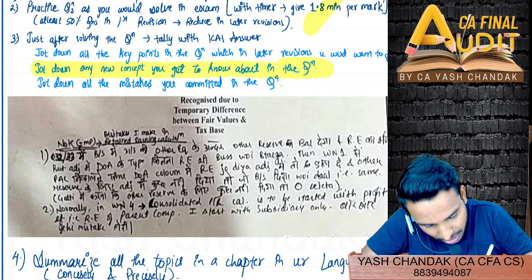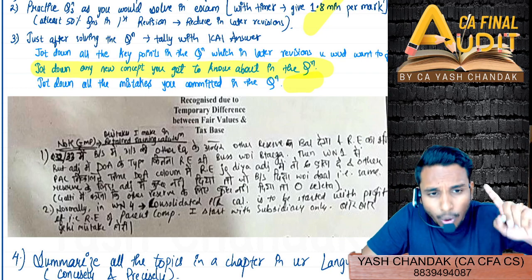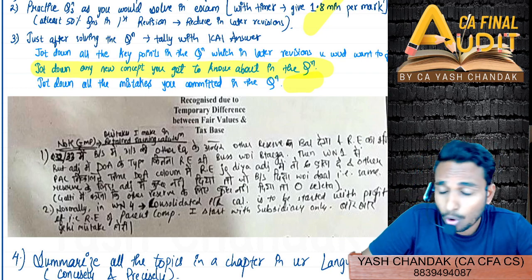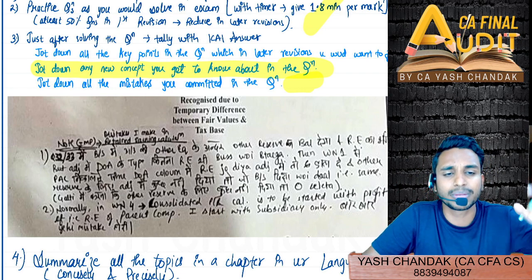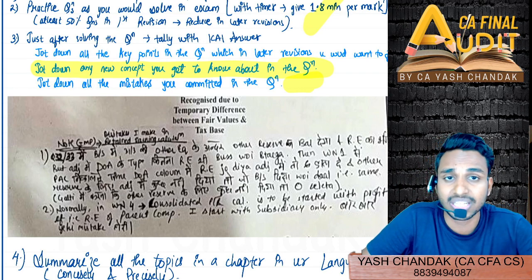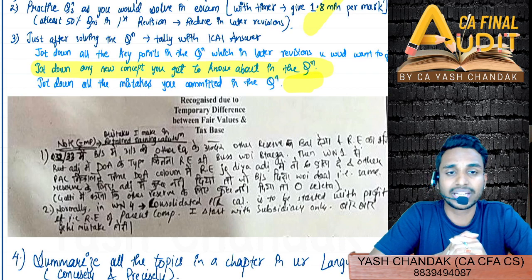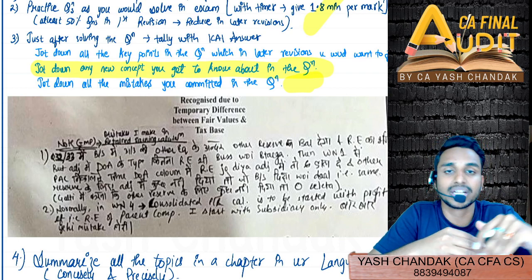Jot down all the mistakes you committed and any new adjustment, any new concept. In the RTP, new questions generally come. So note all this so that in later revisions the time will definitely reduce.